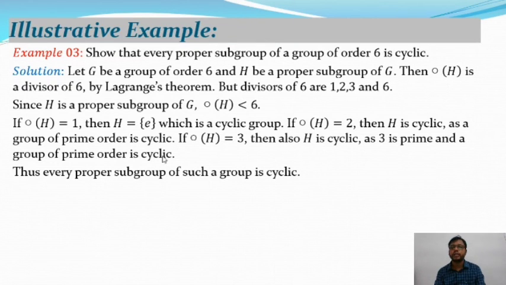If the order of H is 3, then it is also cyclic, as 3 is a prime and a group of prime order is cyclic. Thus every proper subgroup of a group of order 6 is cyclic.